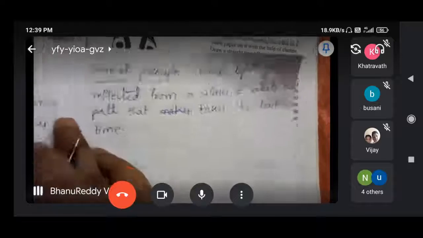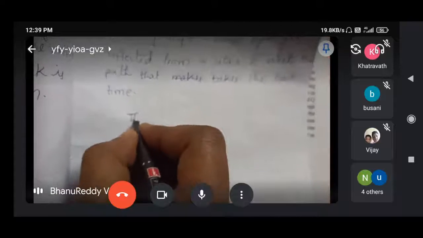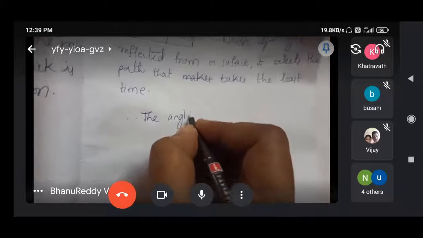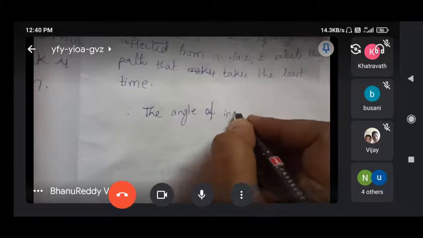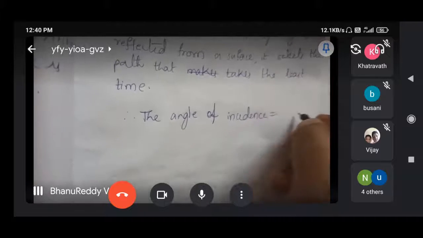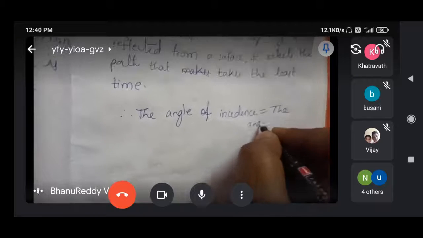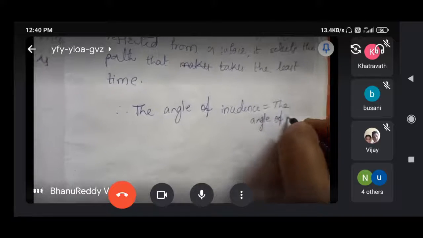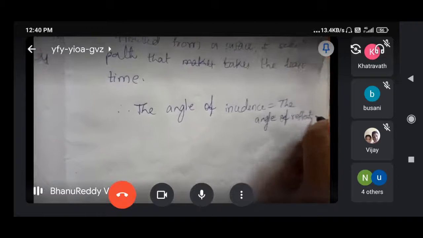So therefore the angle of incidence is equal to the angle of reflection. So in that manner we can understand.